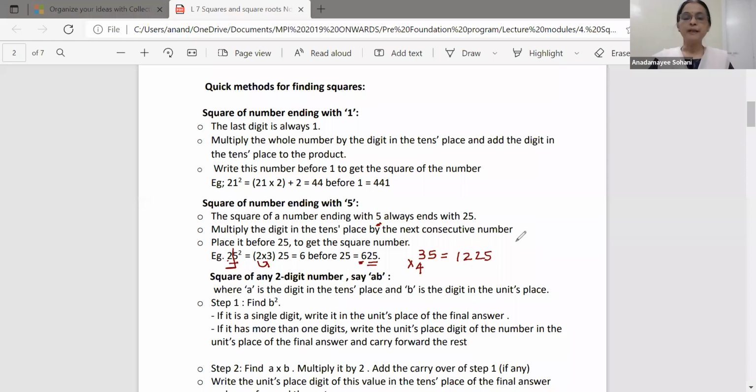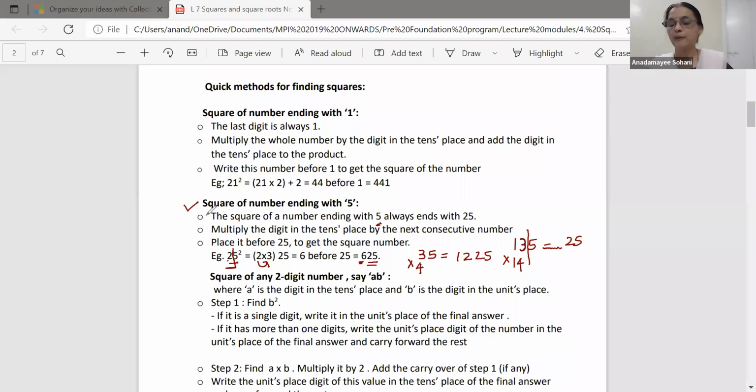If I want to find the square of 135, then what will I do? Write 25 and multiply 13 by 14. Whatever remains after removing 5, multiplied by the next number, write it before 25, you will get the answer. So this is the shortcut for numbers ending with 5.